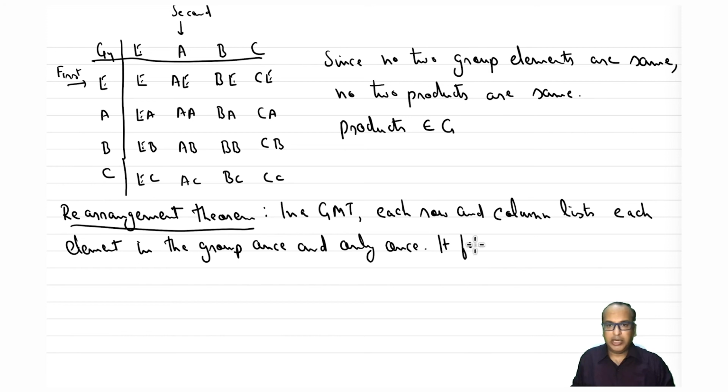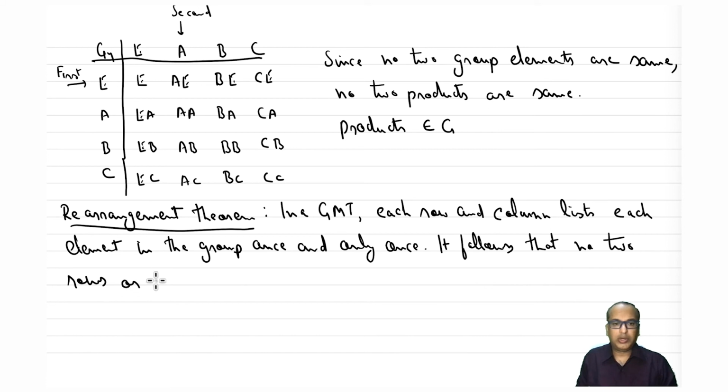This means it follows that no two rows or columns are the same. So all these rows and columns must be different.